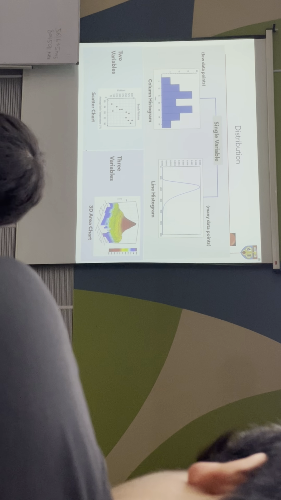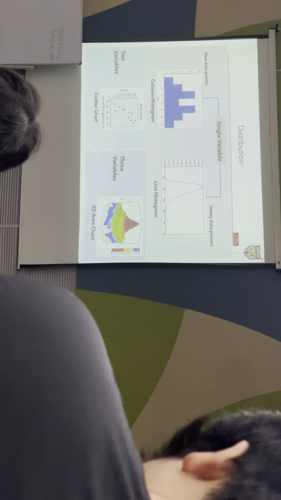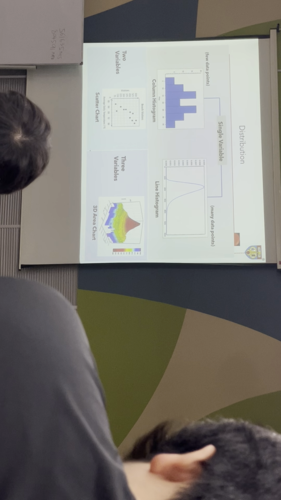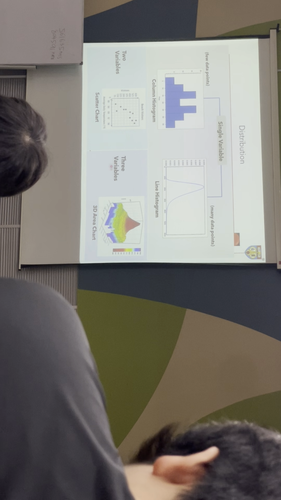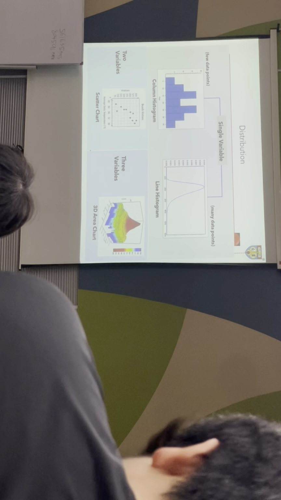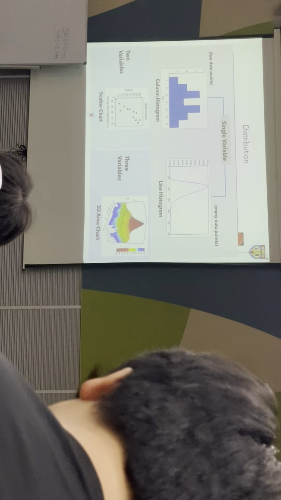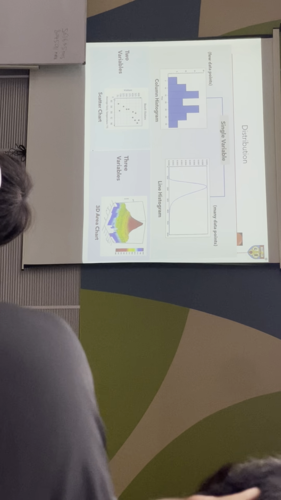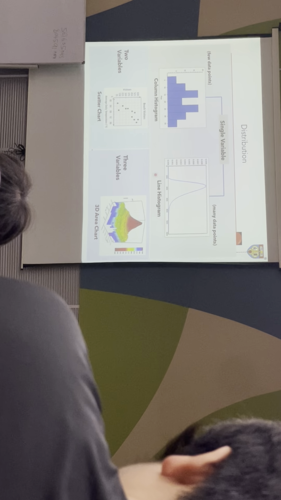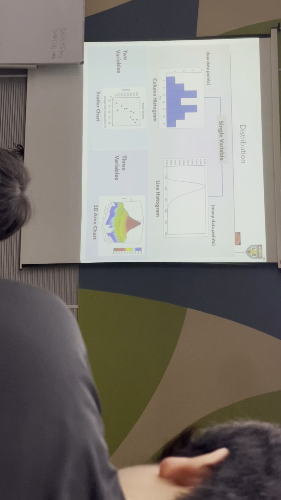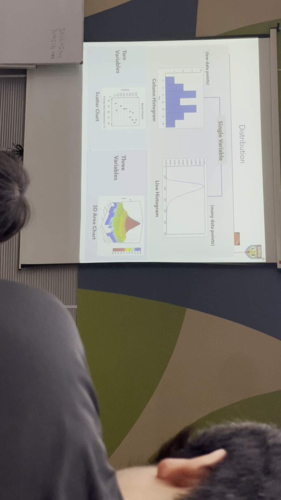Okay, and then if it involves two variables to display the distribution, you can use scatter plot. And also, if you have three variables, you can use 3D area chart.